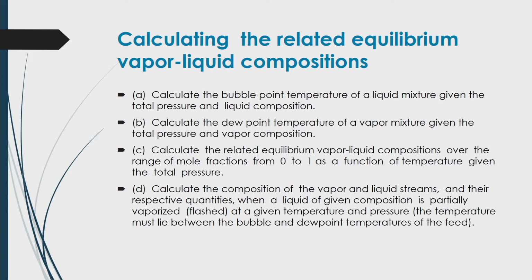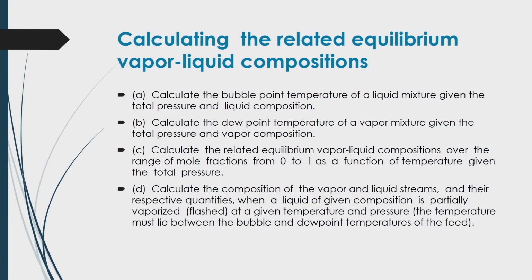That means you have to know at which temperature the mixture exists and is supplied for further processing, which can be considered the bubble point temperature, and at that temperature what the pressure and liquid composition are. Next, calculate the dew point temperature of a vapor mixture given the total pressure and vapor composition. Also, you have to calculate the related equilibrium vapor liquid compositions over the range of mole fractions of 0 to 1 as a function of temperature at a particular total pressure.